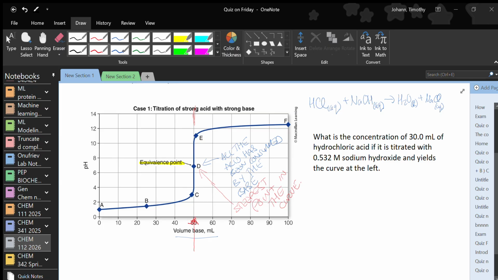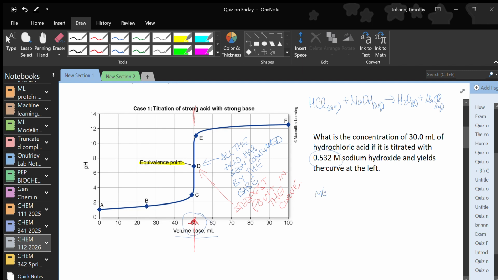So then what we have is a stoichiometry problem. We need to go from concentration of our base, we're actually going to go to volume of our base, to concentration of our acid. So this is going to be a milliliters to moles to concentration problem.